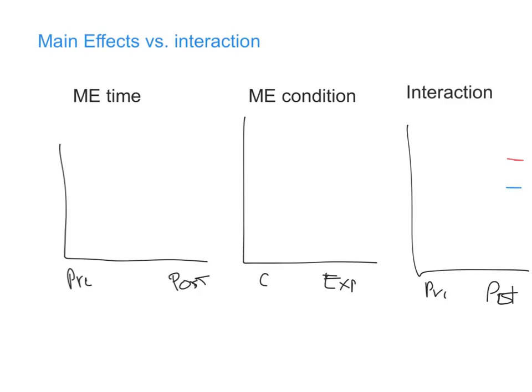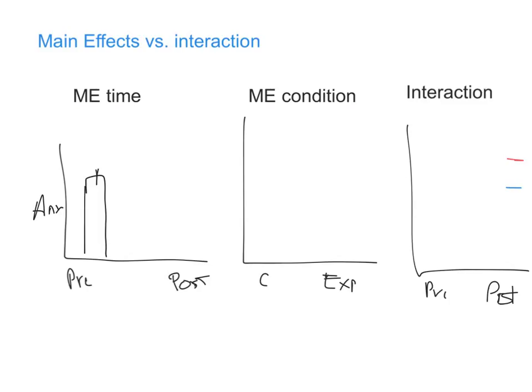So let's take a look at our example again and see what that interaction advantage gives to us. If we were to just look at what are called the main effects, look at the two independent variables by themselves. If we just looked at the pre-anxiety versus the post-anxiety, that would be the overall average anxiety at both times. And we saw that on average, we had relatively high anxiety.